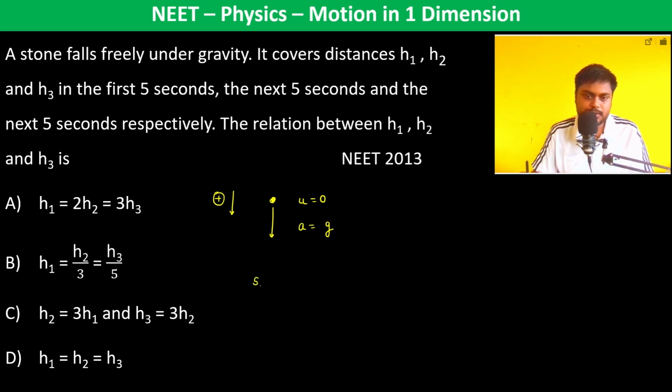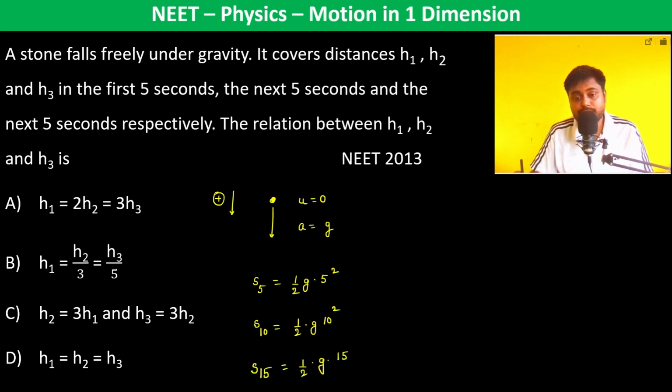The displacement till 5 is going to be half into g into 5 square, till 10 half into g into 10 square, and till 15 it's going to be half into g into 15 whole square. Now h1 is going to be s5 minus s0, where s0 at time t equal to 0 is 0 meters, which is half into g into 5 square.